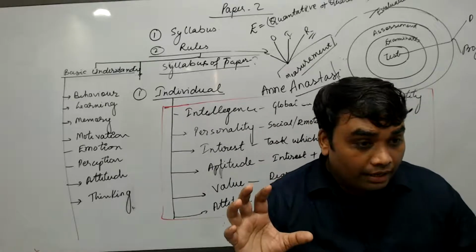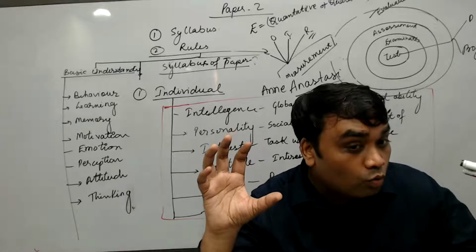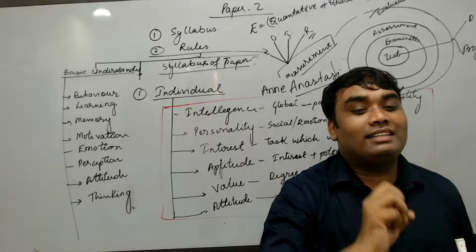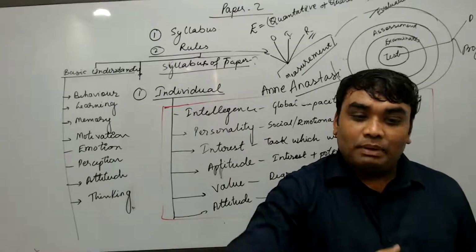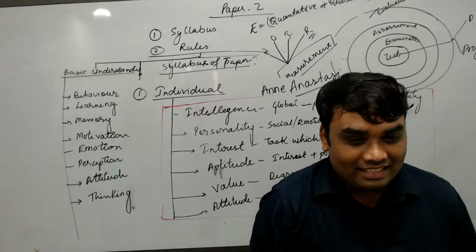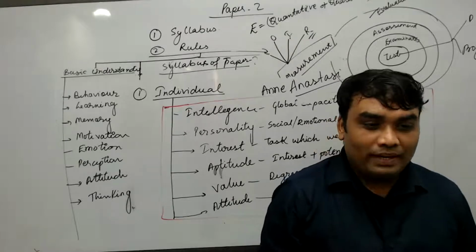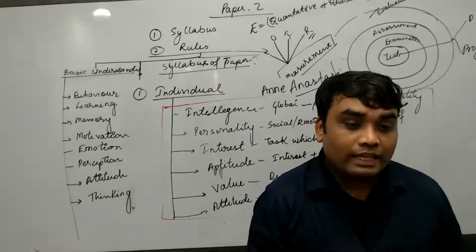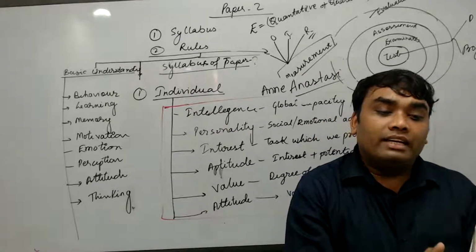So if human behavior is quantified, what is the benefit? Its prediction can be done, explanation can be done, analysis can be done. Getting my points? Control can also be done, so that is the quantification of behavior.